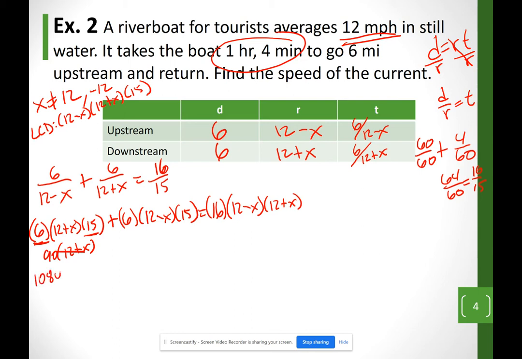So I have 1080 plus 90x. Okay. Now here I have 6 times 15, that's another 90, times 12 minus x. That gives me plus 1080 minus 90x equals.